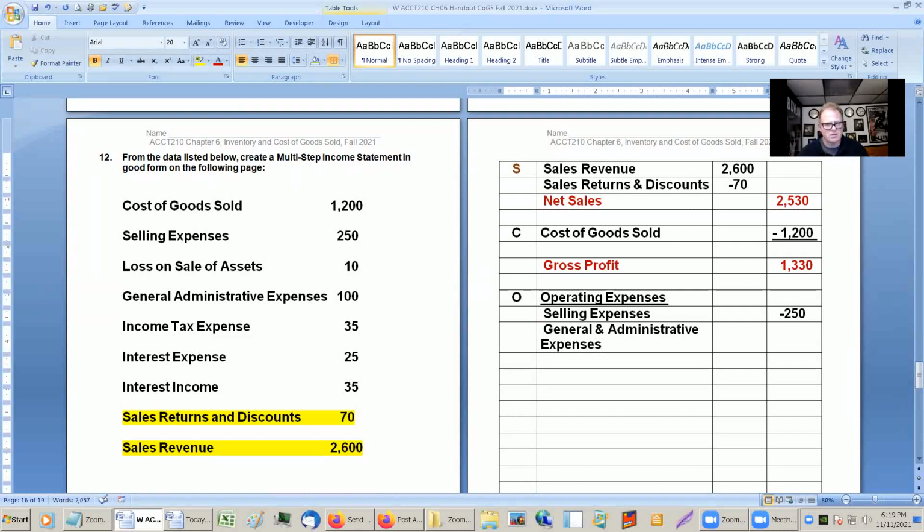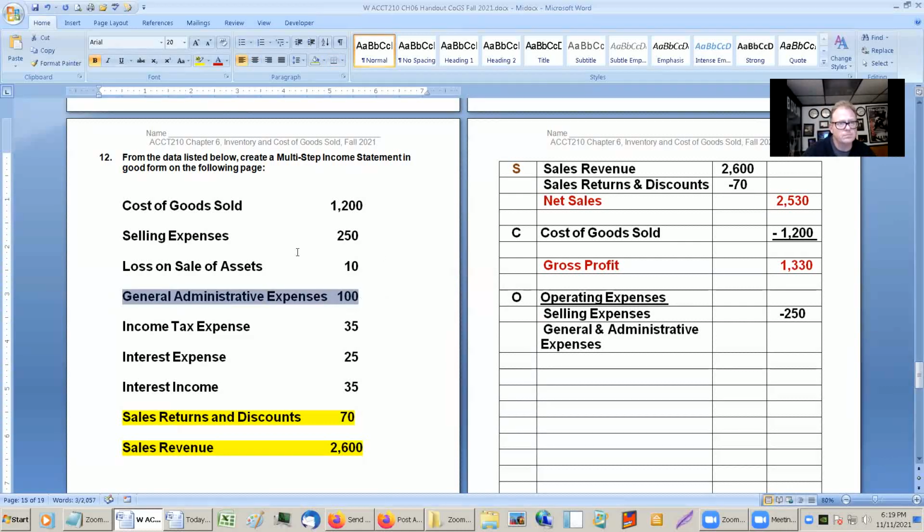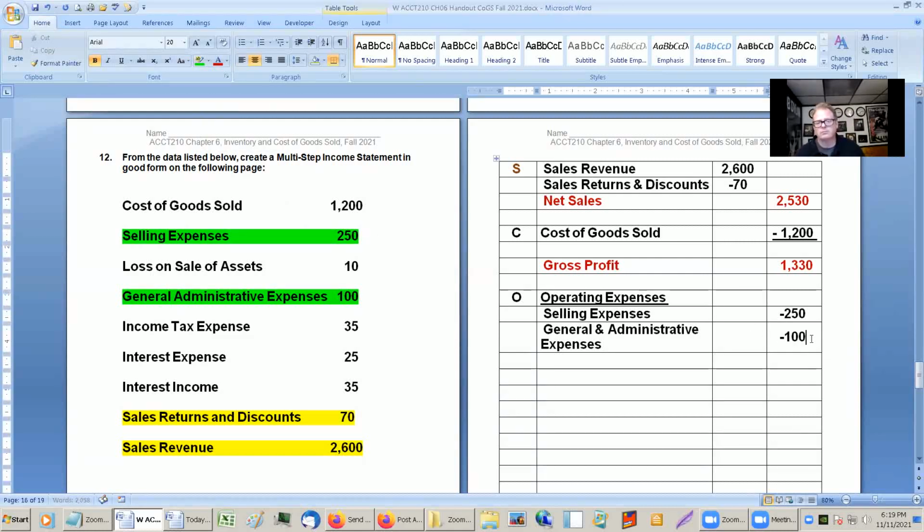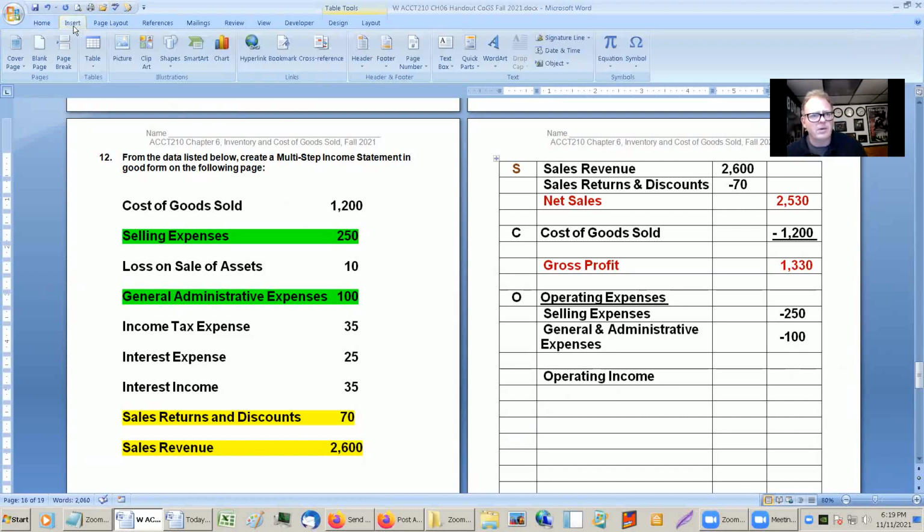General administrative expenses. Minus 100. And this will give us our operating income. Now be careful here though, because after we account for the cost of the goods that we sold, we're at 1330.